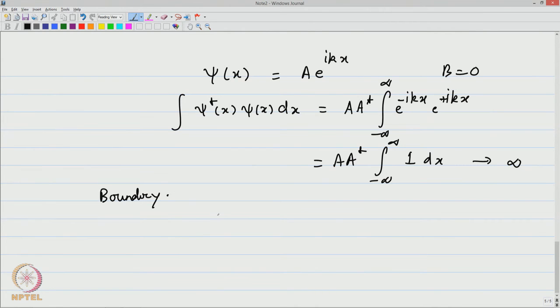Suppose the solution is valid for x less than a certain absolute value a, x is between minus a and plus a.